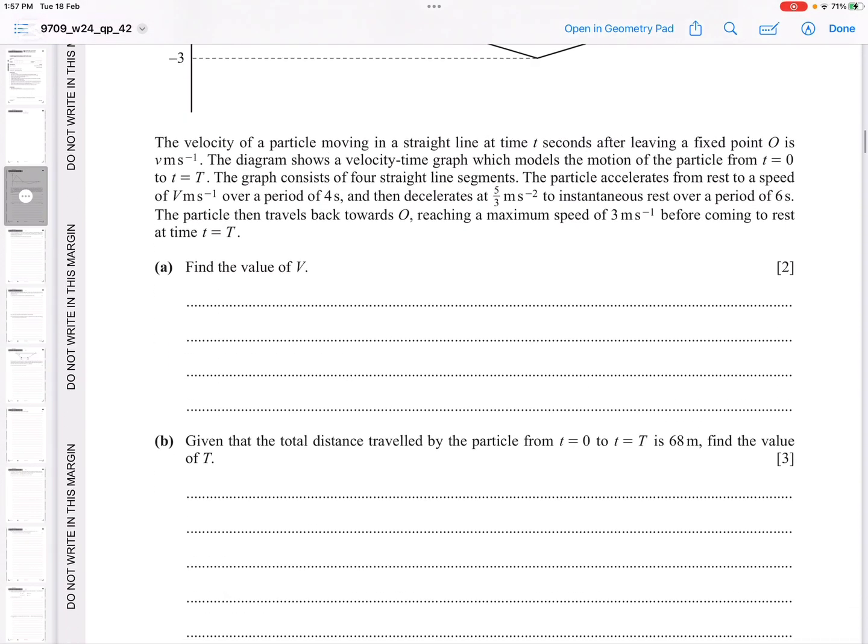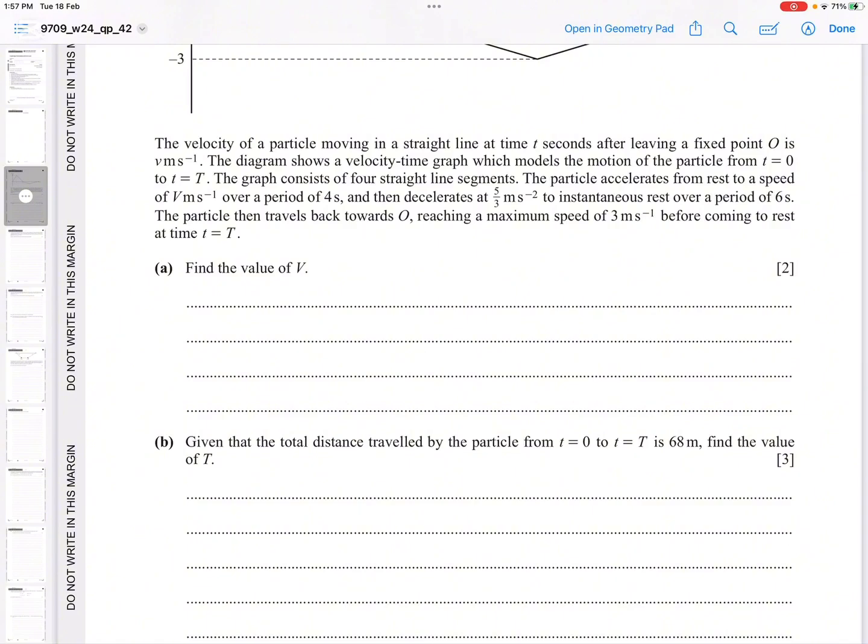Actually, we can use a very simple formula for deceleration. D is equal to y over x. Instead of using a physics formula, this is a simple mathematical formula.